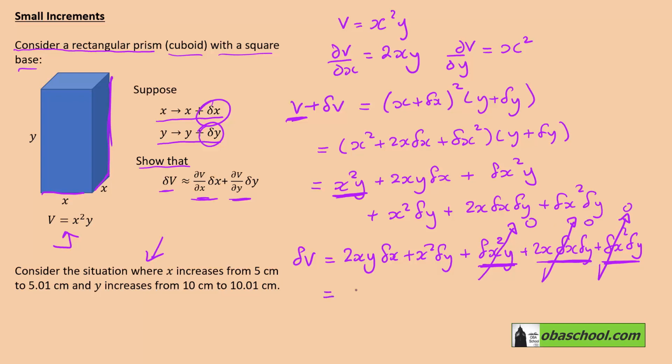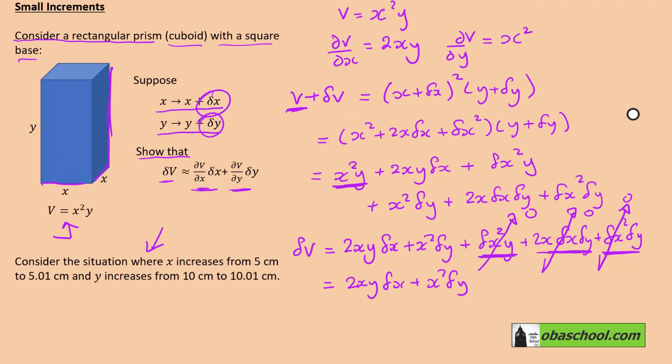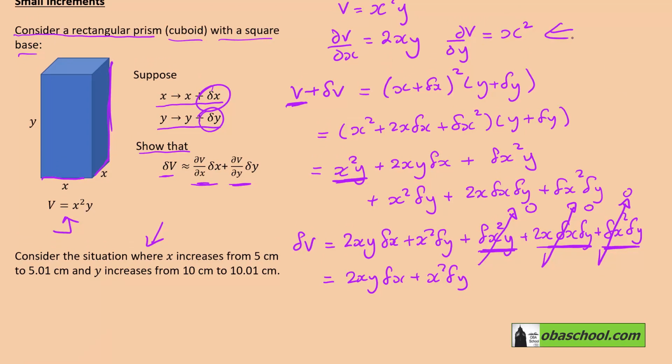And that leaves us with 2xy delta x plus x squared delta y. And then if we refer back up here, 2xy is dV/dx. So we have dV/dx delta x, and x squared is dV/dy. So we have dV/dy delta y, which is the formula that we were trying to show.